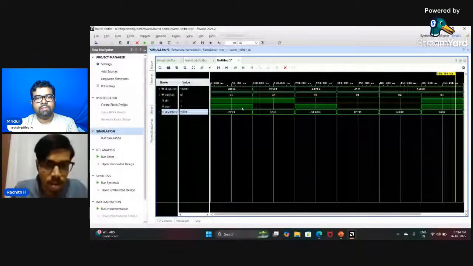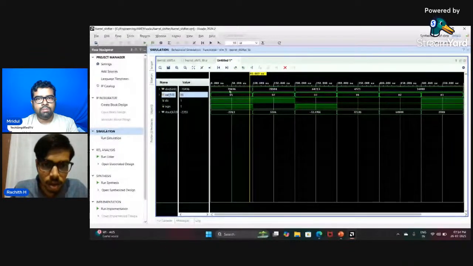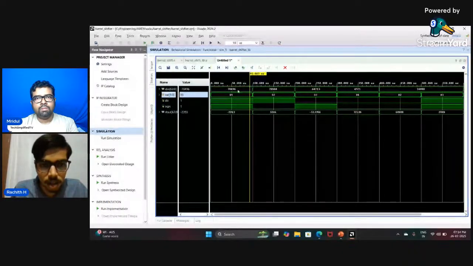If you check the output, the radix of these values is set to signed decimal so that we can clearly identify it. So 70,496 divided by 2 power 5, 32, will give you 2203, and it will be a negative value. If you just take a calculator and calculate it, it will be the same value.